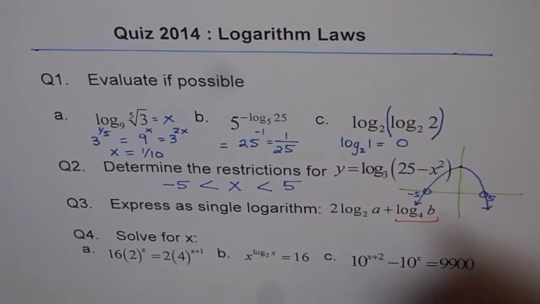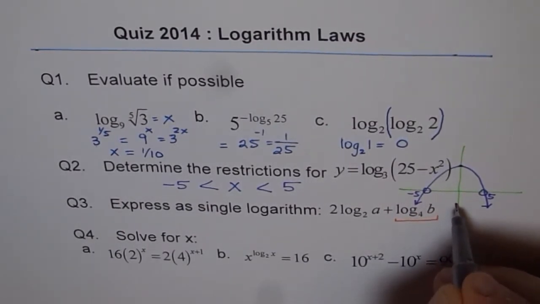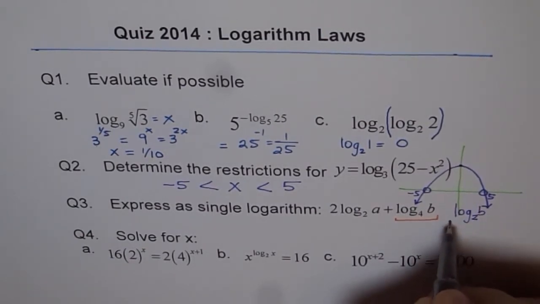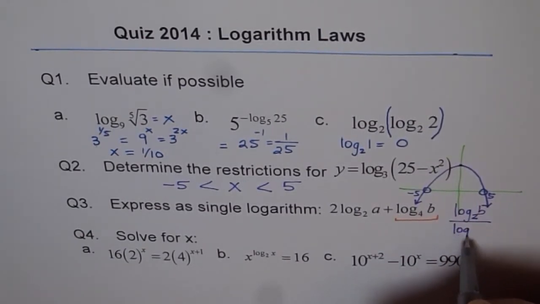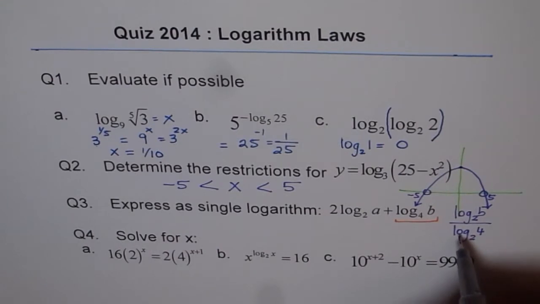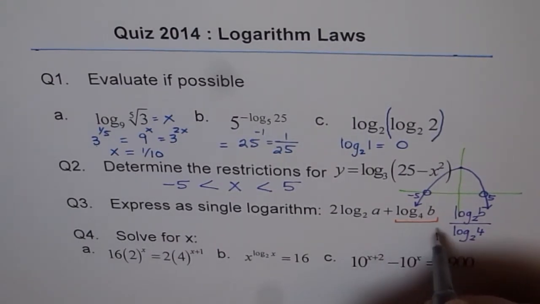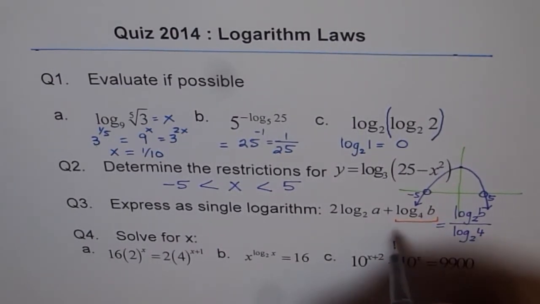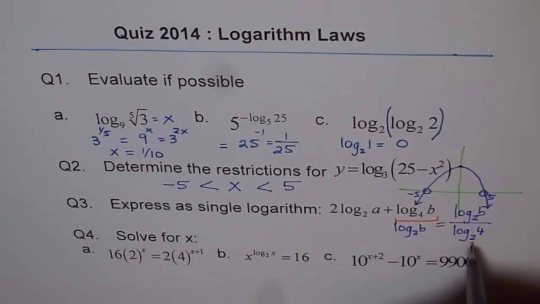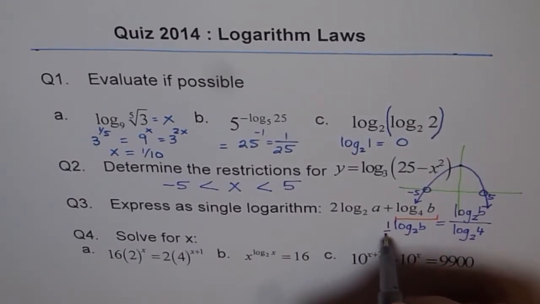Now this could be written as log base 2 of b divided by log base 2 of 4. Now 4 is 2 squared, therefore this is 2. So this could now be written as log base 2 of b divided by 2, so I can write this as half.